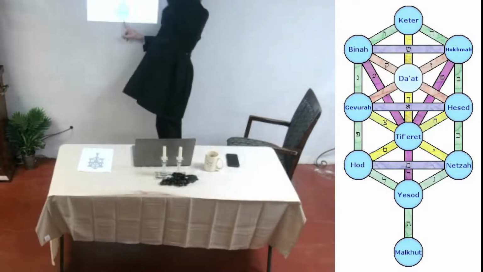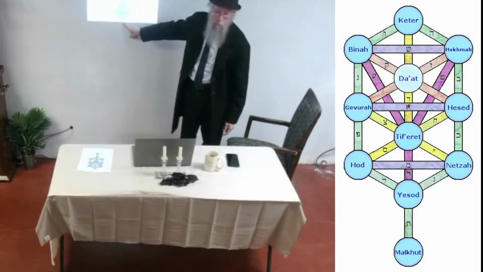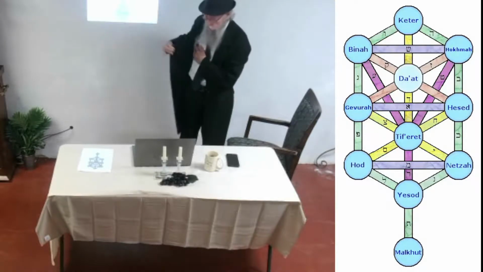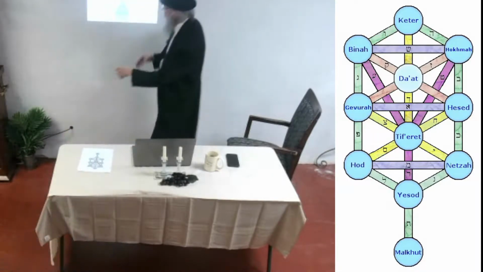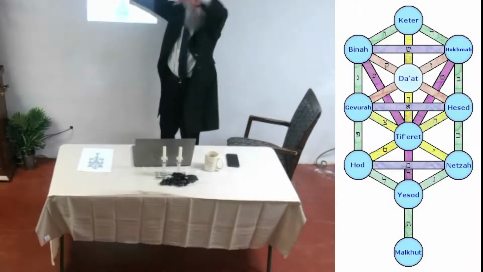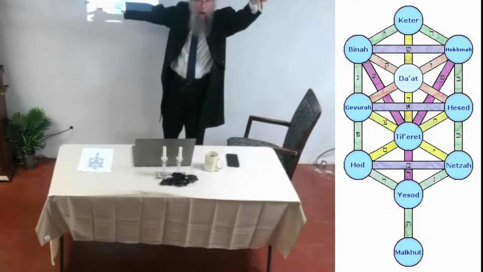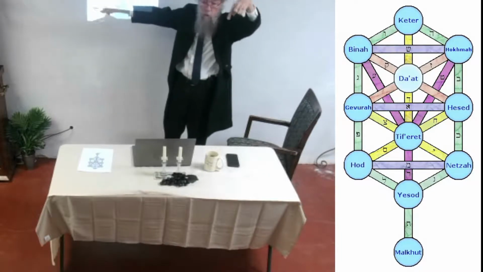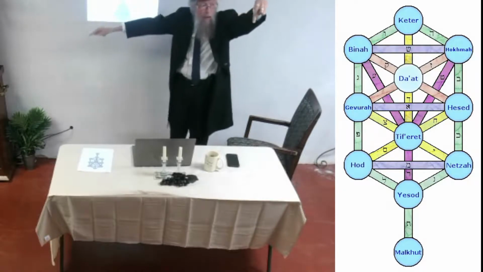So here you have the throne of God, Keter. Here you have Malchut, the kingdom. It is our goal to get from here to here. We're climbing Jacob's ladder.